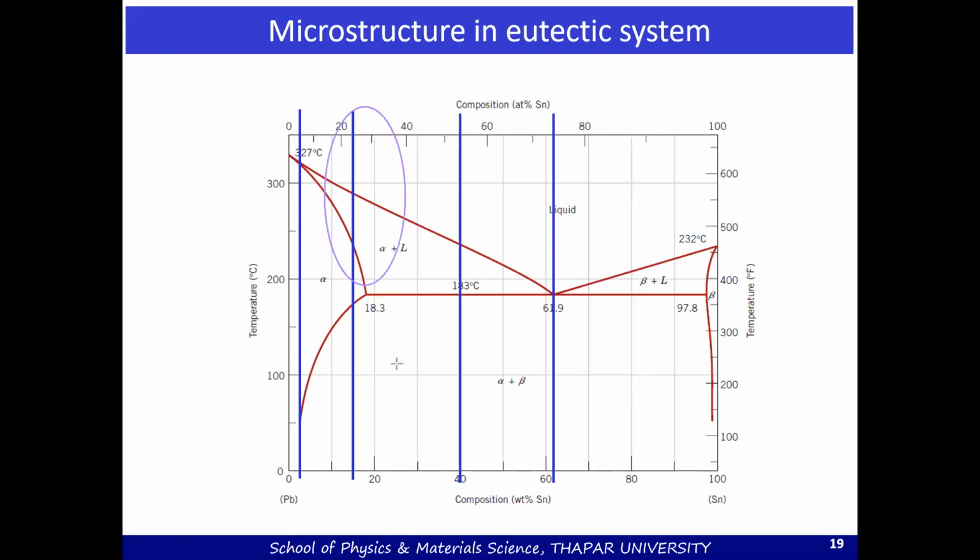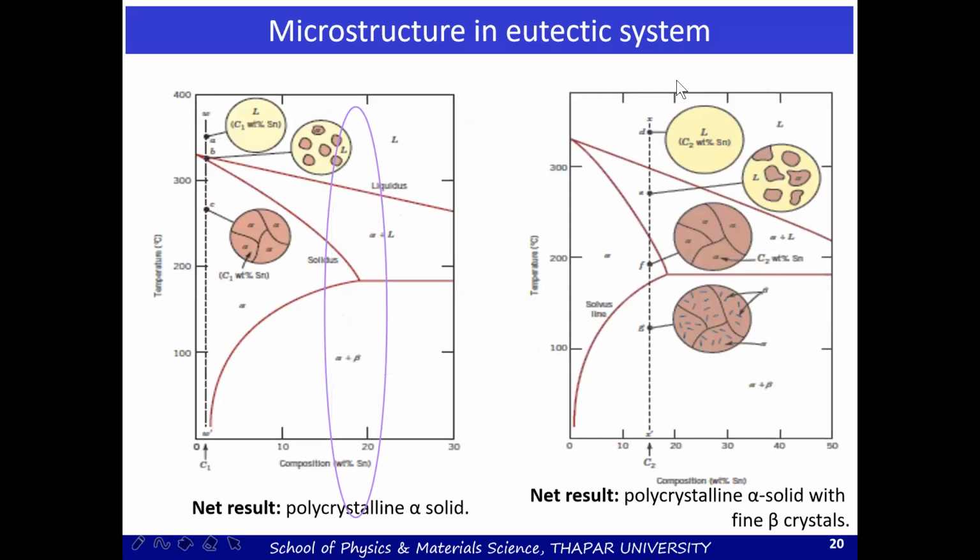That means we are cooling along this line. If you closely look at this line, it first passes from the liquidus region, then it enters into the alpha plus L, then alpha, and then alpha plus beta. So there will be multiple changes. So it is interesting to note the phase changes which are happening in this particular case.